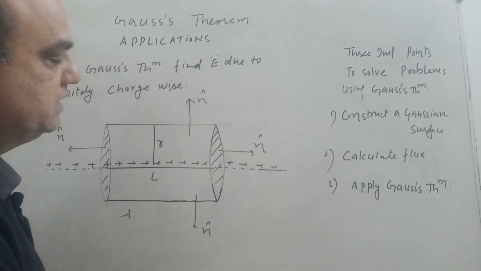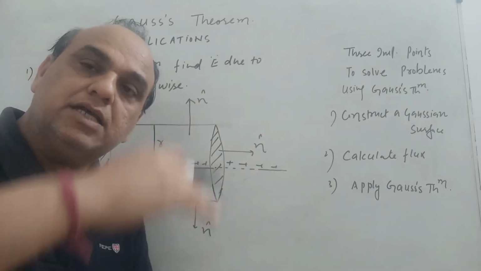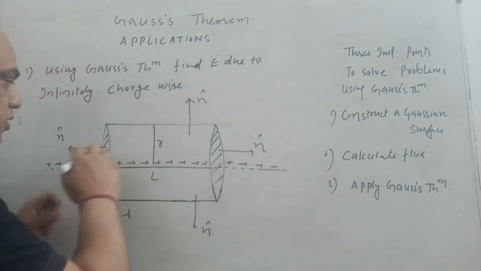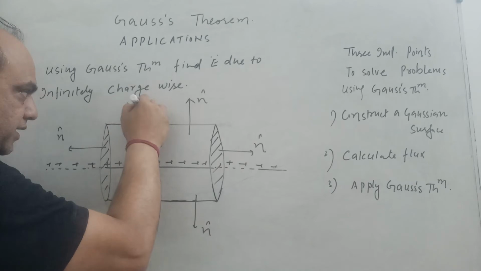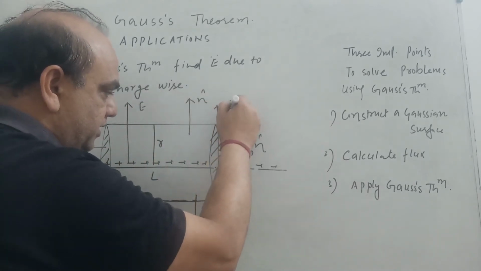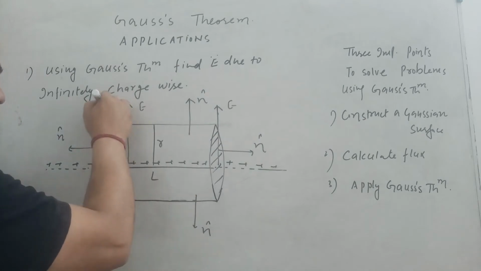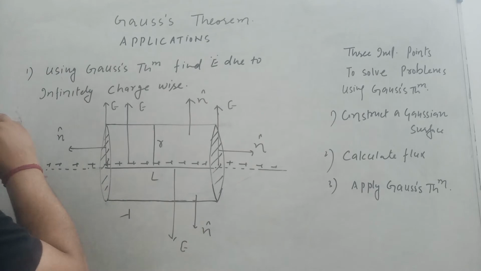From our previous discussion, we know that due to the positive charge, the electric field is outward. So this is the positive charge, and the electric field direction here, here and here is radially outward, like this.